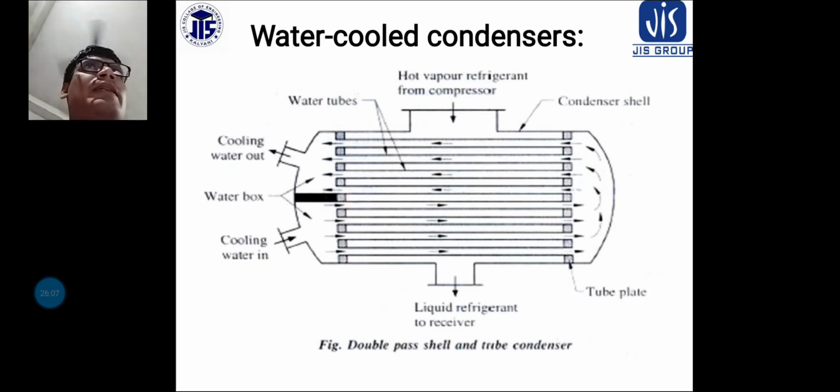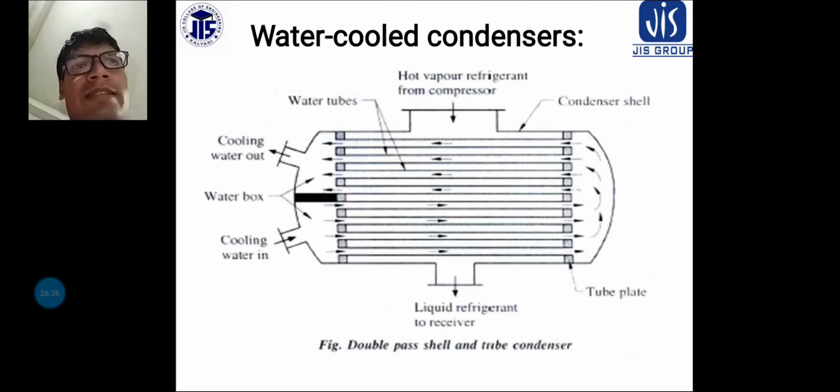You know that if some material is dipped into water, then what will happen? Corrosion and erosion problems will be there. So that is why corrosion occurs in a water cooled condenser. The fouling factor is more here, and in the air cooled condenser it is less.